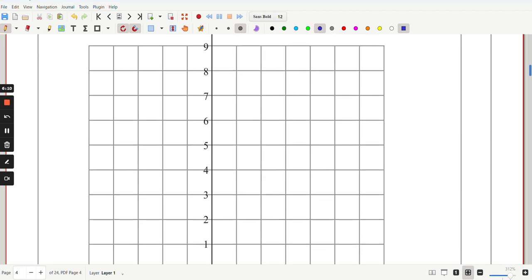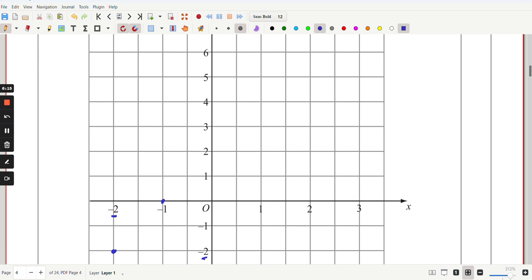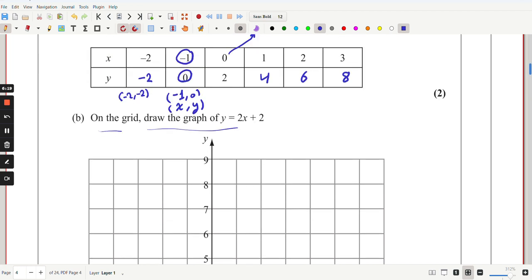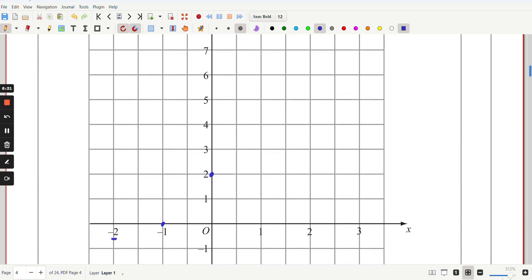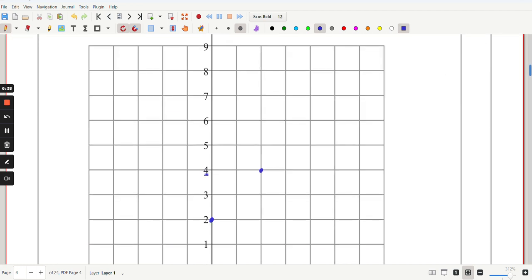Now we have 0, 2: 0 on x and 2 on y here. Then 1, 4: 1 on x here, and 4 here. Yes, 1, 4. They will meet at this point. Then 2 and 6.